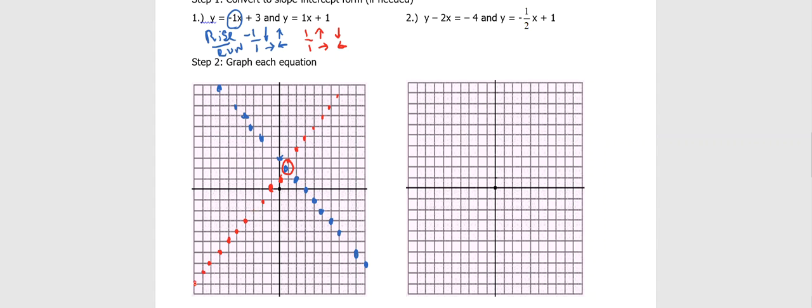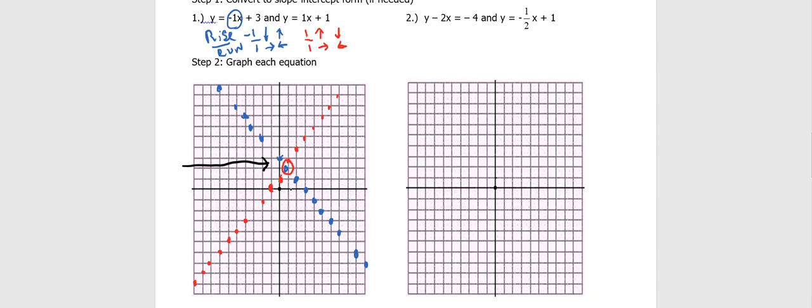Now, the only thing I haven't done yet is graph my lines. So again, I just want to make sure that I can clearly see that. So it looks like that ordered pair right there. I'm going to draw an arrow to it. That ordered pair right there.